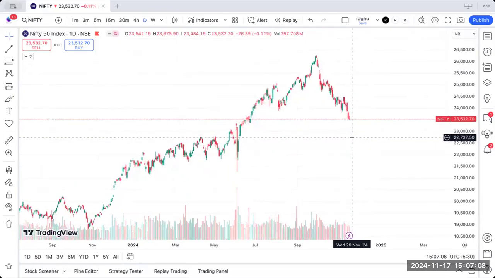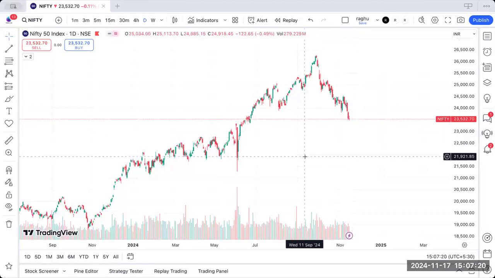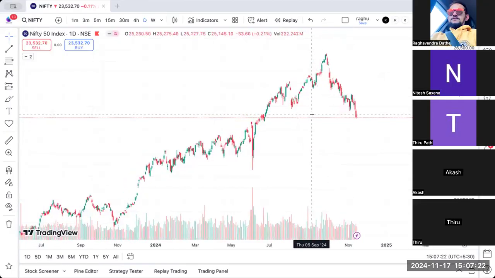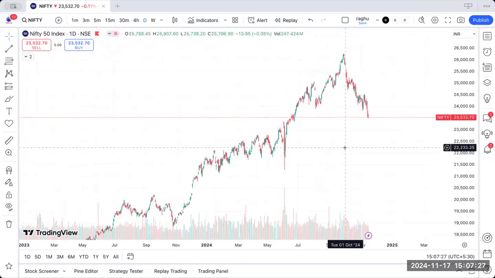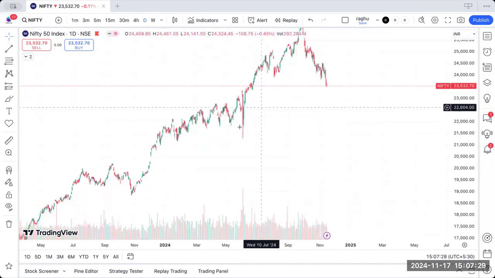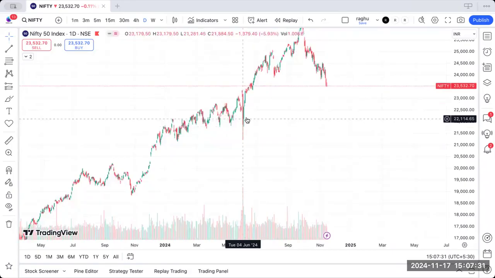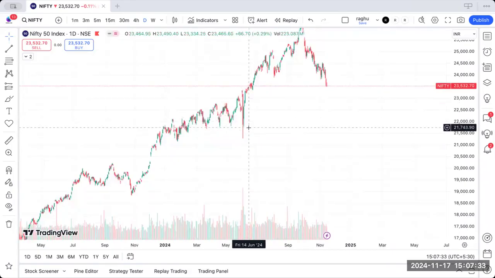Completely agree, there are global news, global politics, global wars, and a lot of other things, financial and technical. But when you focus on price action, this is exactly the point where you will understand how it works. If you observe this candle, this is our pre-election candle, the exit poll candle.